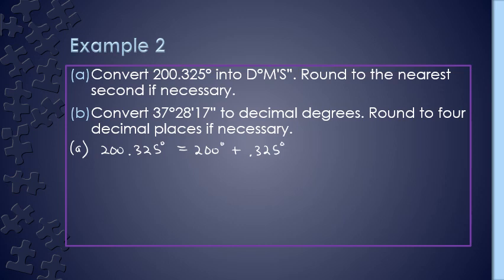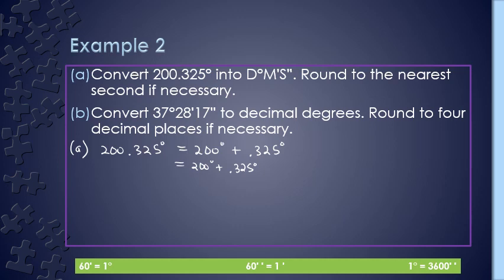So we want to convert that partial degree into minutes and seconds. Now the 200 degrees, there's nothing wrong with that, but the 0.325 degrees I'm going to need to convert.